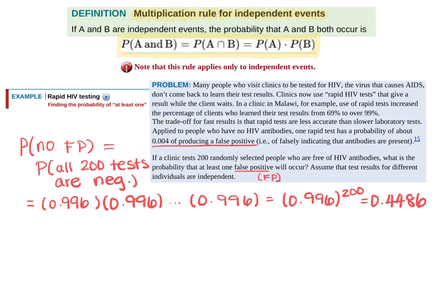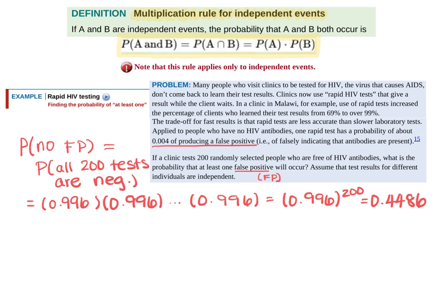So 1 minus 0.004 is 0.996. If they're independent events, we just multiply them: A times B times C, and they're all 0.996. You do that 200 times, which is 0.996 to the 200 power, and that is 0.4486. So about 45% of the time, no false positives in this 200 test example.